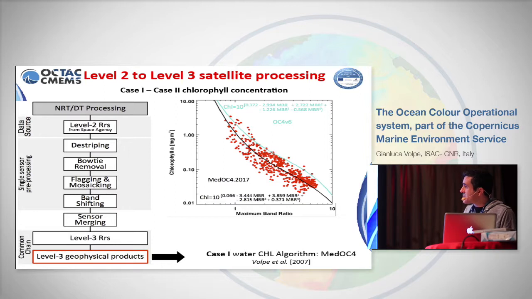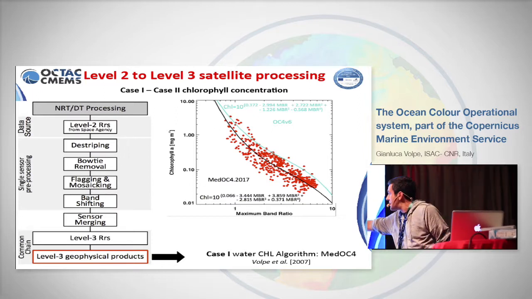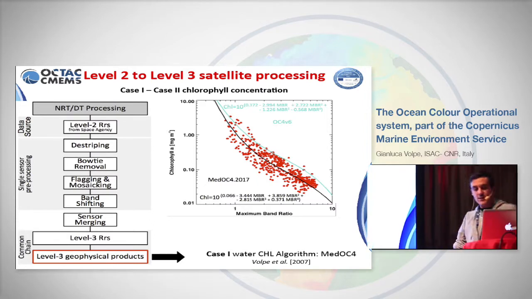From this plot, you see the need for regionalizing the algorithms, as there is a clear overestimation of the chlorophyll when you apply this line with respect to this other one.